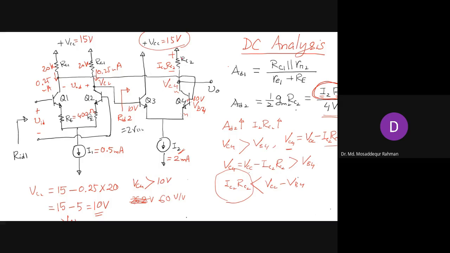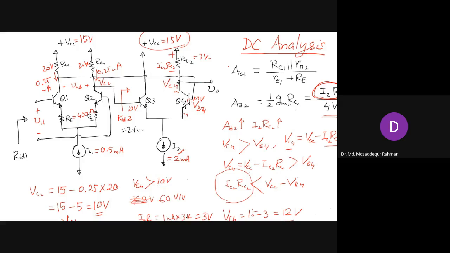2 milliampere and RC was 3K. In this case, for the IC RC drop, we had 2 milliampere, so 1 milliampere comes here, and RC is 3K, so that gives us 3 volt of drop. So 15 minus 3, VC4 is 15 minus 3, and that gives us 12 volt.